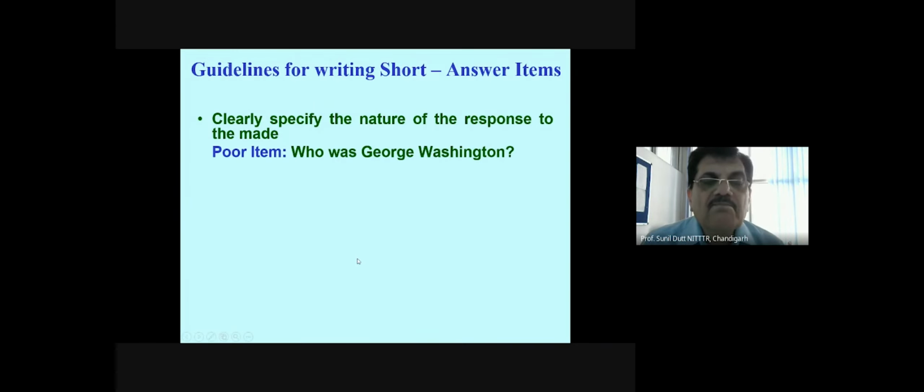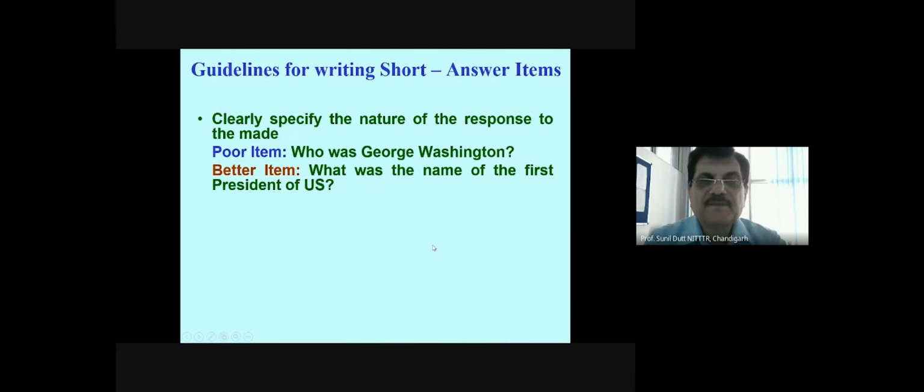Now, a poor example, a poor item: who was George Washington? To this question, you may get different responses, isn't it? You can think of the answers. So better is: what was the name of the first president of the US? This is a better item.